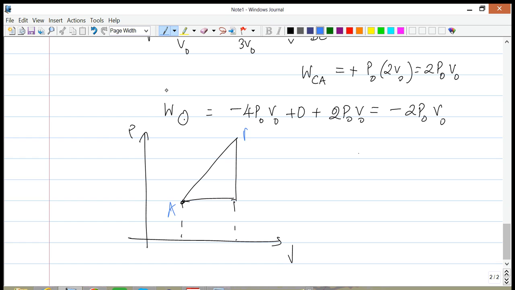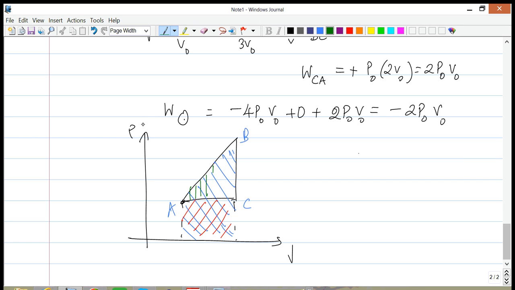For process A to B, the area was this entire area of the trapezoid. For B to C, we didn't really have anything, but for C to A we had this area. The first blue shaded area is all negative, the red shaded area is positive, and they cancel each other out. Essentially, we are left with the green area.